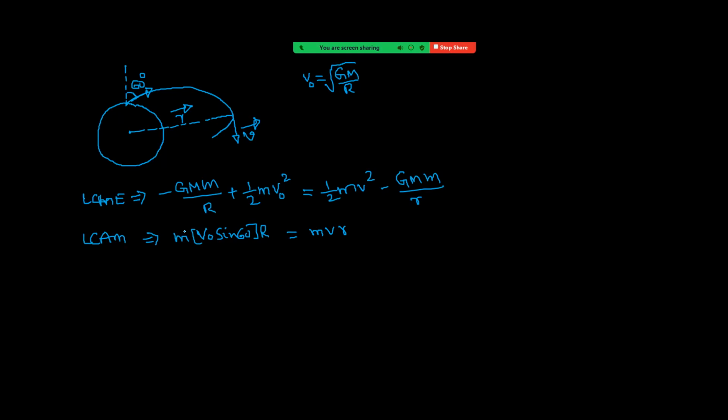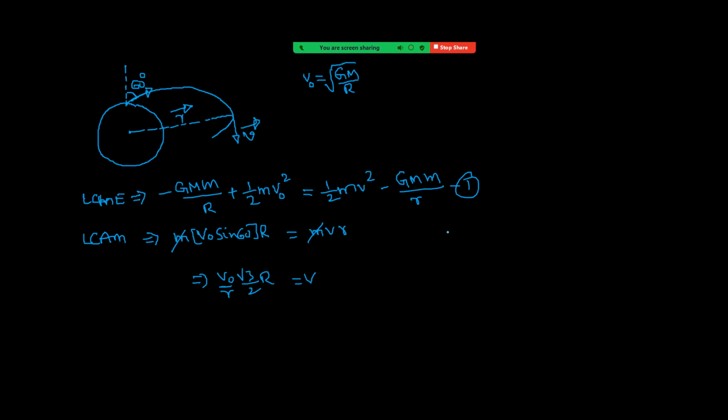We want to calculate the maximum height, so I want to eliminate the v value. In the place of v, we can write v naught sine 60, root 3 by 2, Re over r.